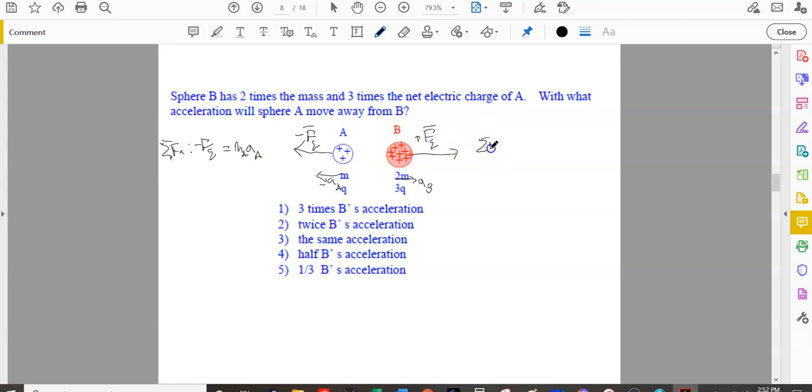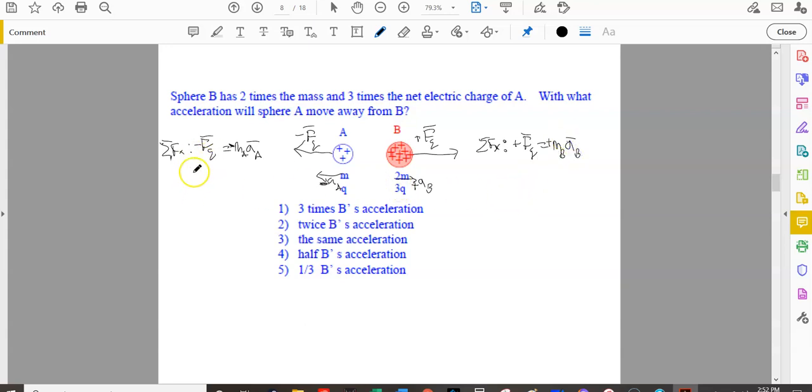Conversely, over here, I'm going to sum the forces on B, and that is equal to the positive Coulomb force to the right, equal to this other force. This one is accelerating to the right, so it will be a positive mass of B times the acceleration of B.